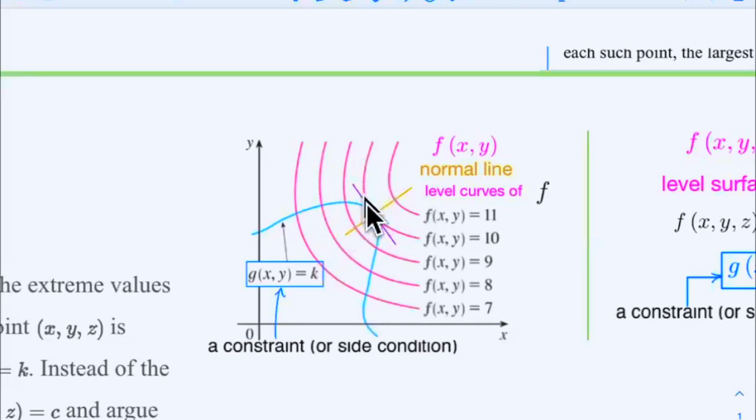So this level curve of f and this constraint level curve for g will have the same normal line over here. Okay, they have identical normal lines at this point. Do you agree? Then what happens to the gradient vectors? For the gradient of f at this point and the gradient of g at this point, what can we say about it? Do you remember the gradient?